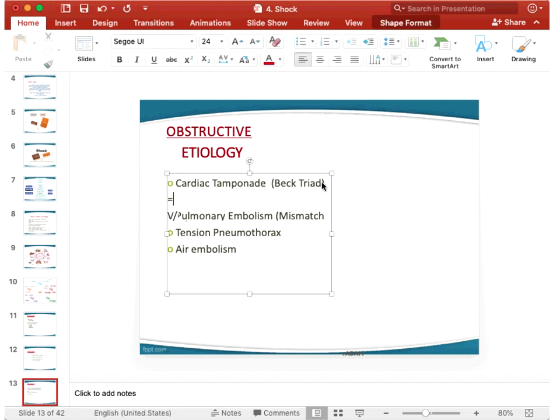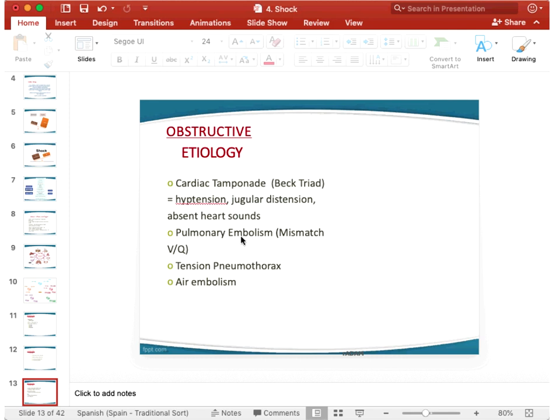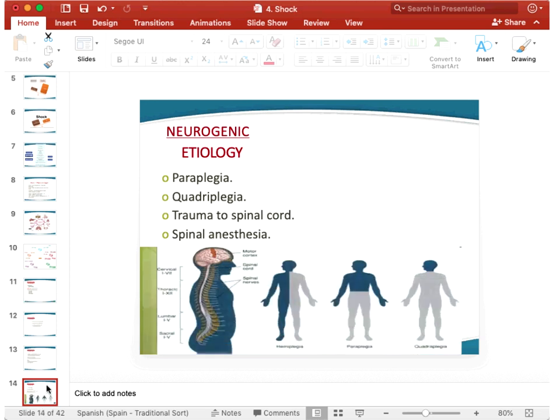The Beck's triad means we're going to have hypotension, jugular distension, and muffled or absent heart sounds. If we find this clinically, then we have a cardiac tamponade. Then we have a pulmonary embolism, which is a mismatch of the ventilation-perfusion equation, or the tension pneumothorax, or an air embolism.